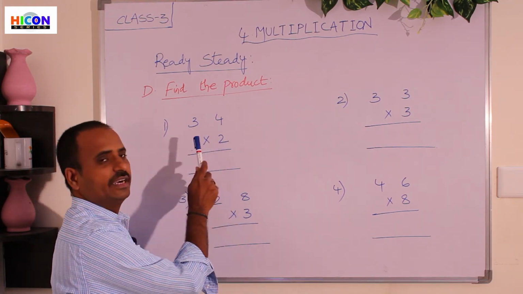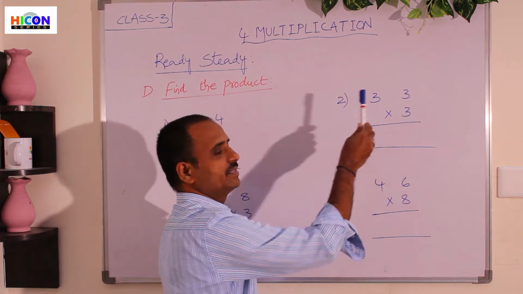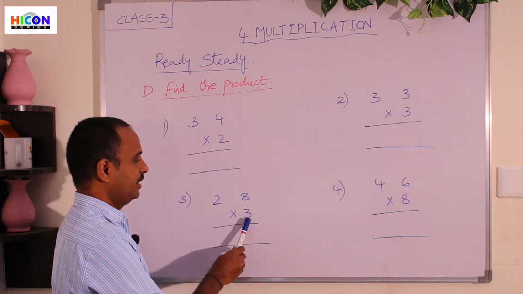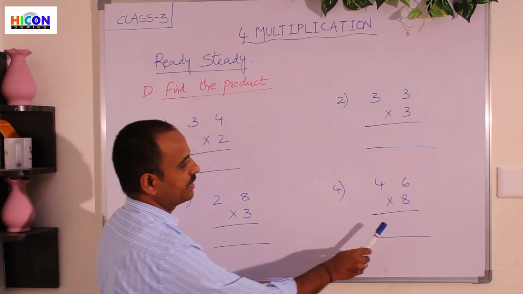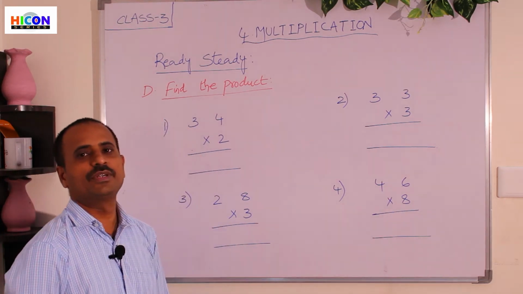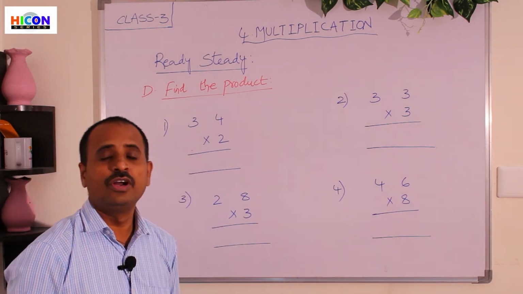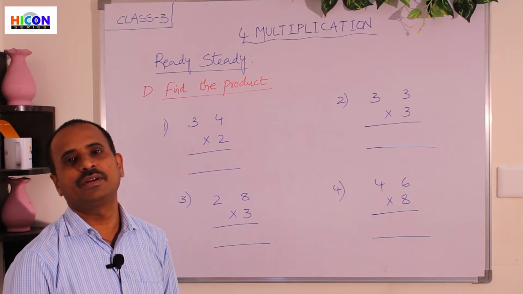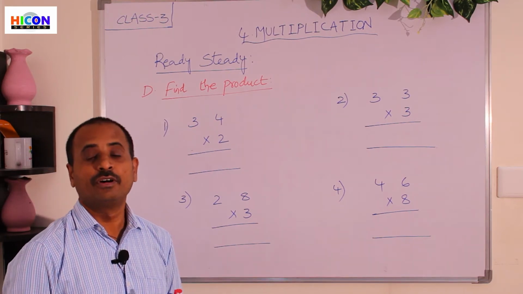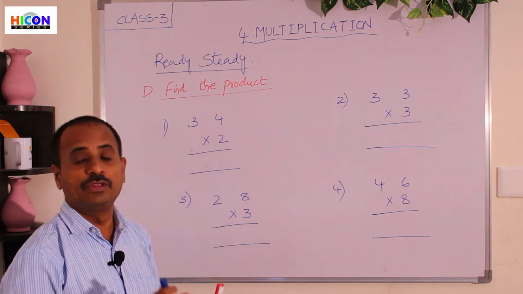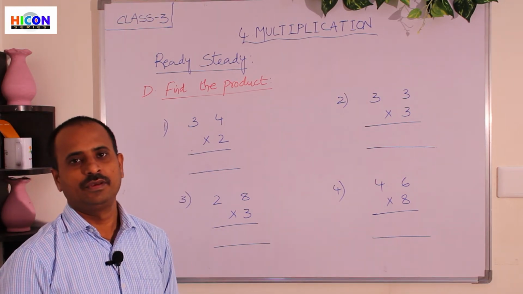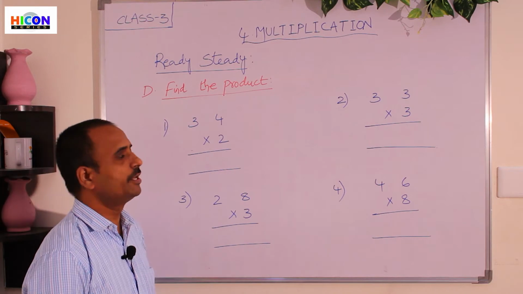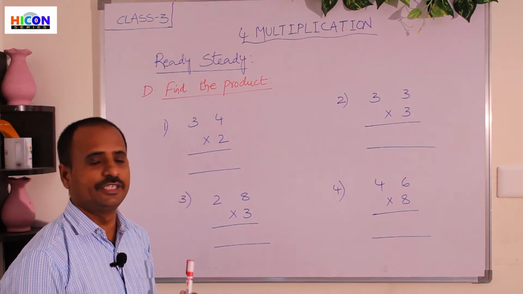Here 2, 3, 3 and 8 are all single digit numbers. Let us recall how to multiply a number with a single digit number, and then we can practice multiplying with 2 digit numbers. So let us start.